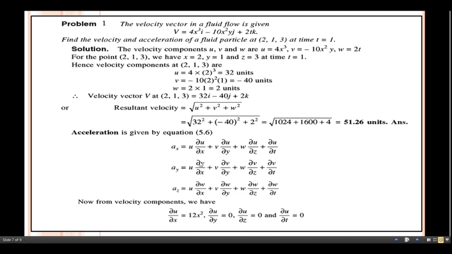If we substitute this value here, automatically you can get the acceleration along the x direction. Similarly, you can do the same with the next equation. You have to differentiate this one, ay, meaning acceleration along the y direction.